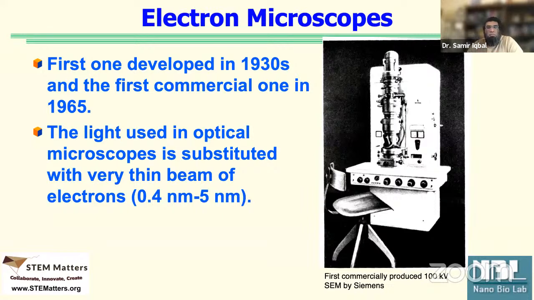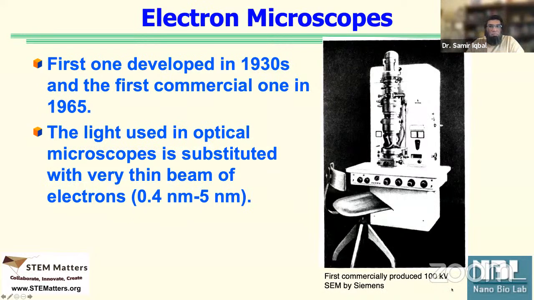So that's the basic principle of a scanning electron microscope, where we scan an electron beam and get electrons that come out of the sample in response to the elastic collision, and we capture those electrons, and that helps us create an image of the surface.